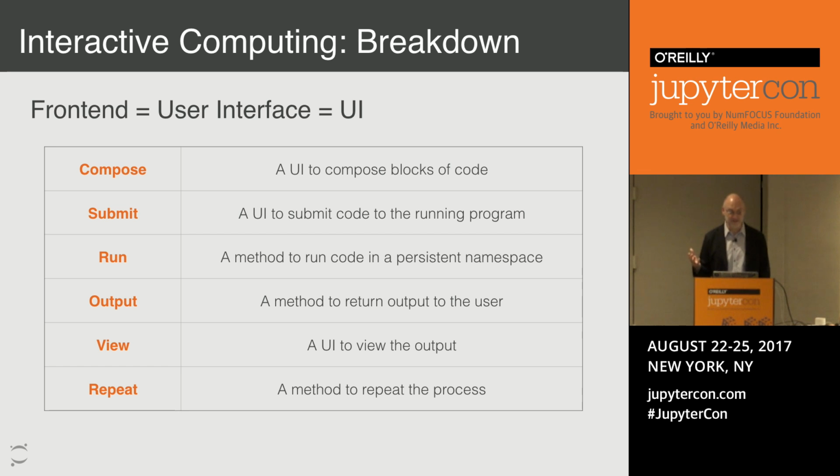The user needs a place to type. There needs to be some sort of UI element, control, or keyboard shortcut to submit the code to be run by the program. The program then needs a method to run the code, and a method to return output back to the user. There needs to be some sort of user interface to view the results. And then the whole process, again, is iterative, so there needs to be a way of repeating it.